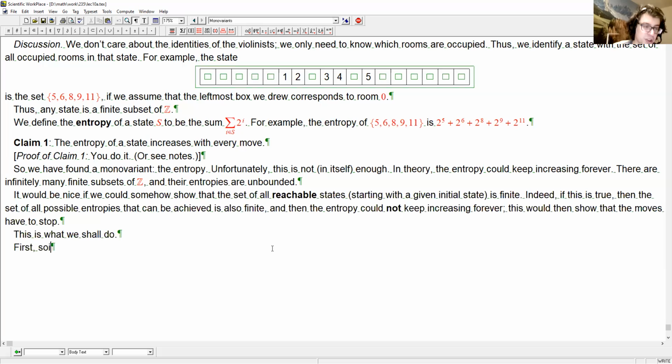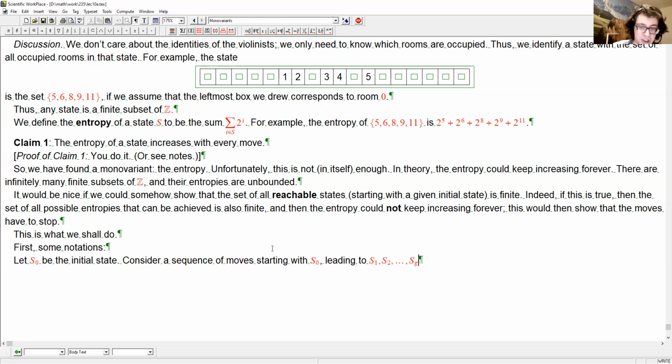First, some notations. Let S0 be the initial state, which, as I recall, is a finite subset of Z. Consider a sequence of moves starting with S0, leading to S1, S2, and so on, Sg in this order.